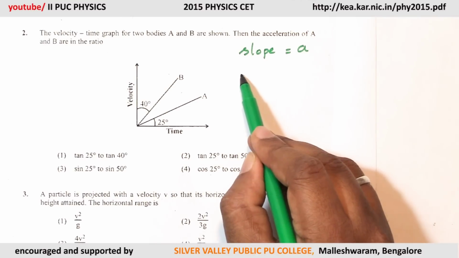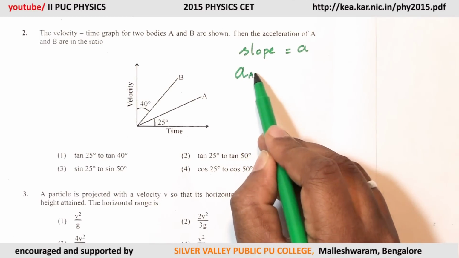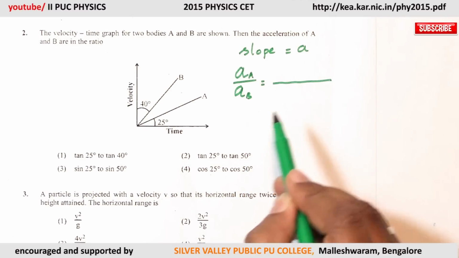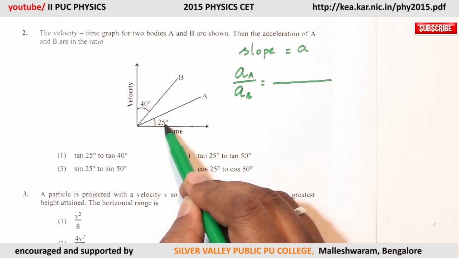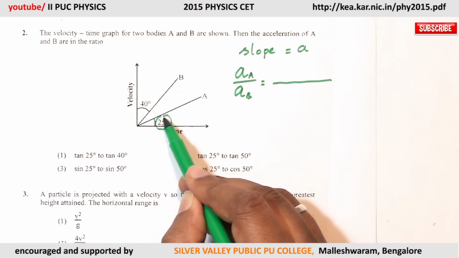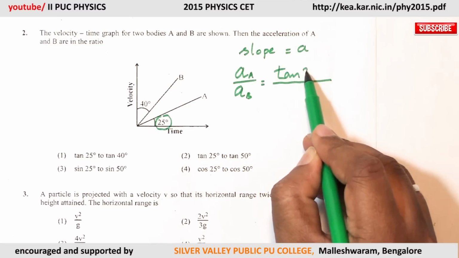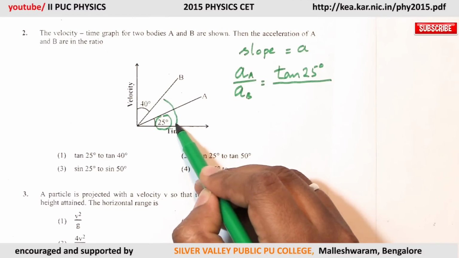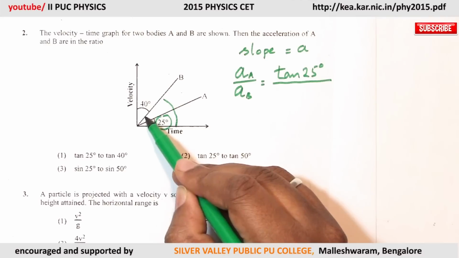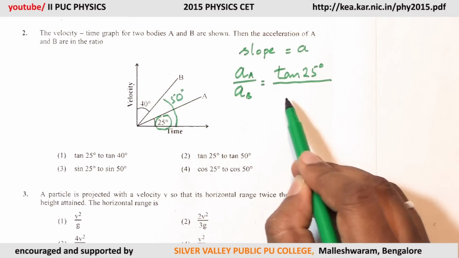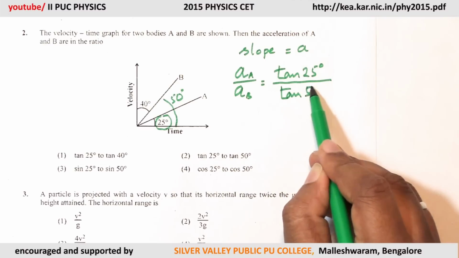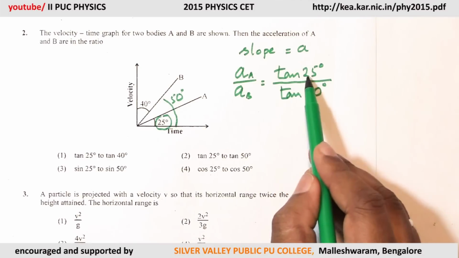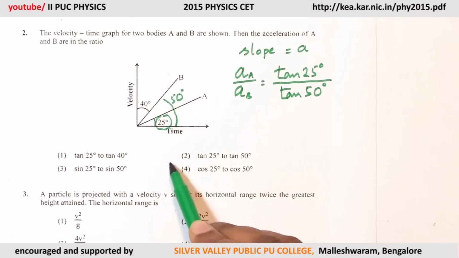Therefore, acceleration of first by acceleration of second is equal to tan of the angle made by A with respect to x-axis, which is 25 degree, so tan 25, by tangent of this angle. This angle is given as 40. Total angle is 90, therefore this is 50. It is tan 50. So the ratio is tan 25 to tan 50.